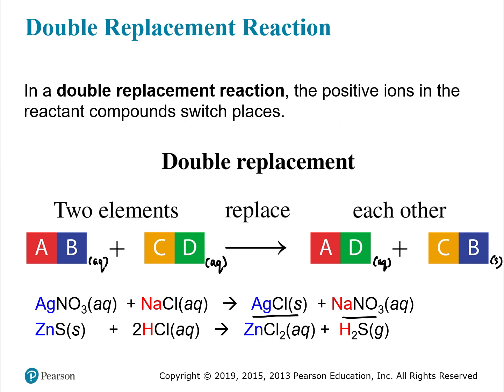So a new aqueous solution and a solid forms, called a precipitate. You could have zinc sulfide, which is a solid, and add that to hydrochloric acid. You're going to make aqueous zinc chloride and liberate hydrogen sulfide.